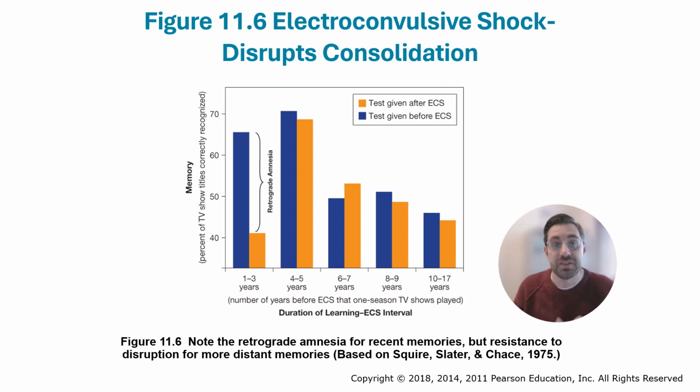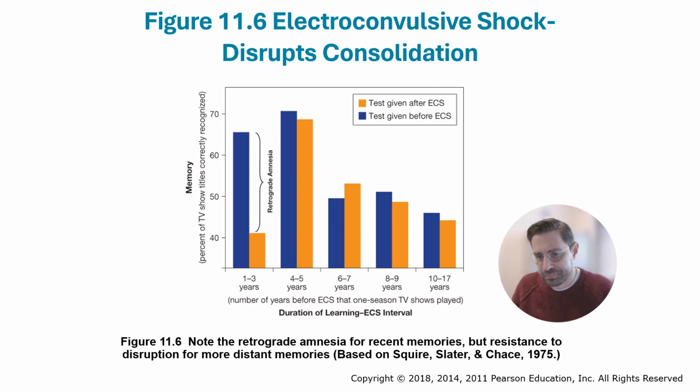So it seems as though that shock activity disrupted memory, but only for memories that were not fully stabilized, right? Not fully consolidated. So in the last couple years, those memories are still being consolidated. They're still being locked down in the brain, and that disruption can cause difficulty recalling them.